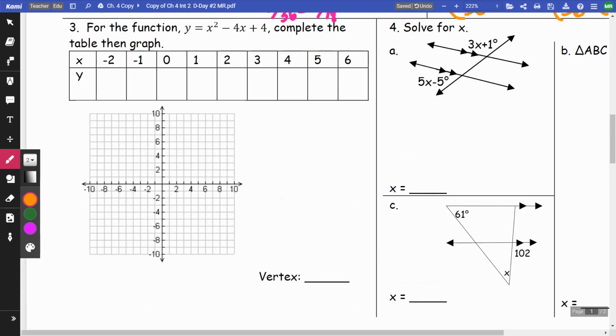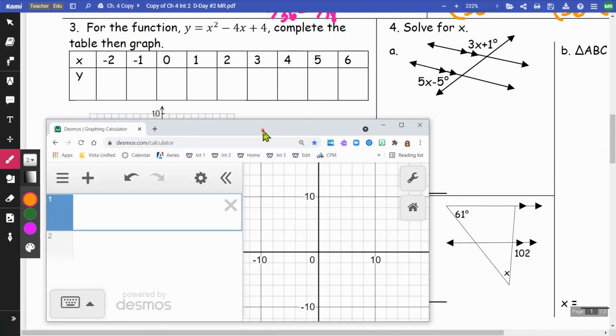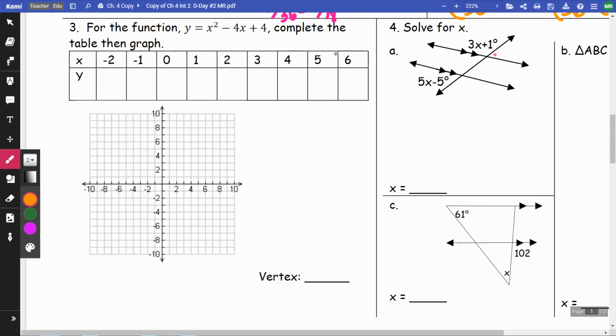Okay, on number 3, so we're going to be putting this in. So let me just get this. And here, I'm going to shrink this for a second.